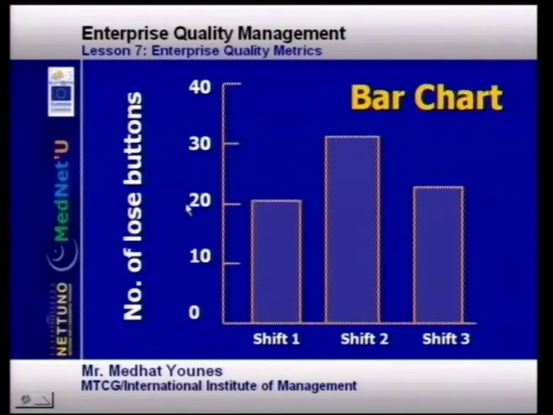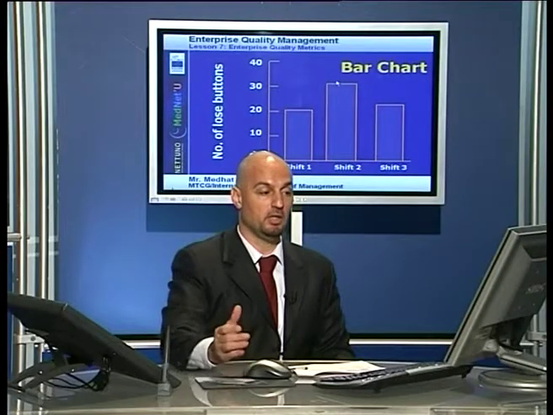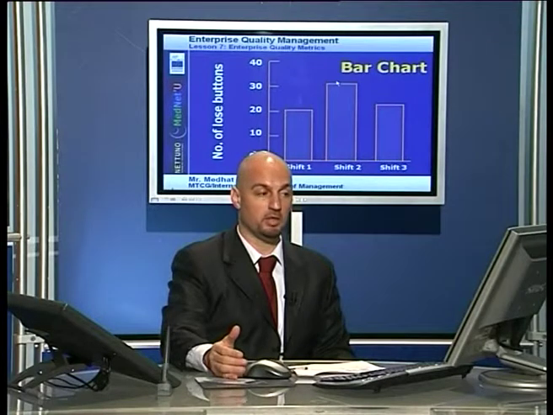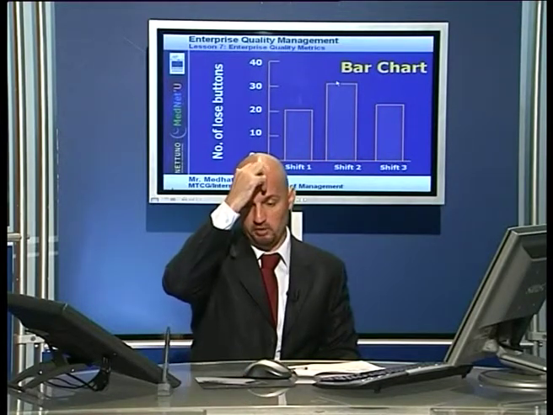And in this example, we find that the average number of loose buttons per, say, 100,000 is 20 through shift 1 and shift 3, and in shift 2, there is more than average contributing to the defects in having a loose button, which will focus your attention on the system working in shift number 2.